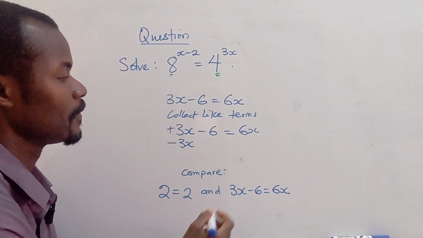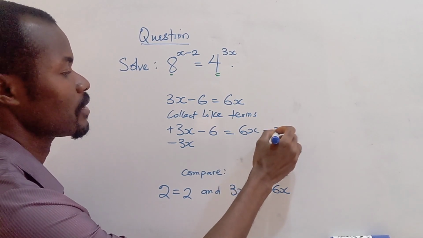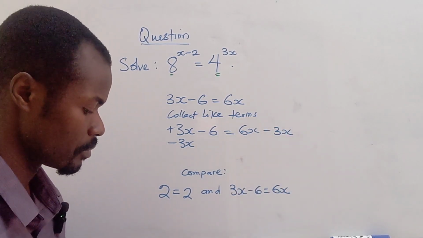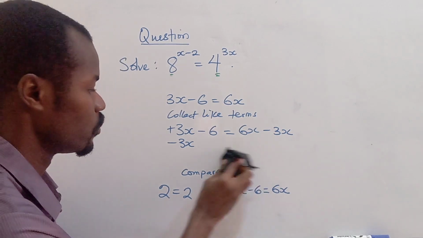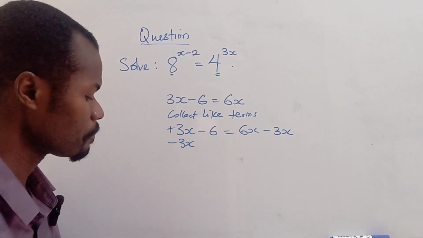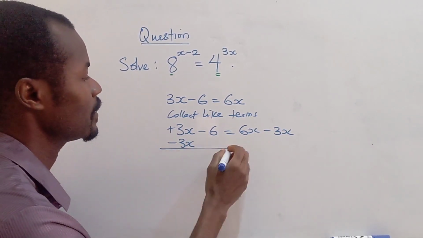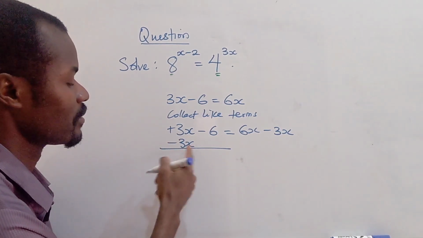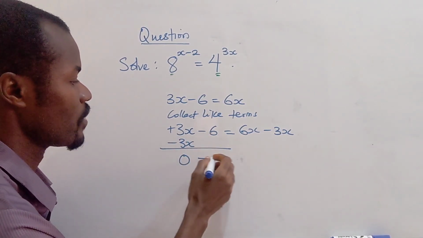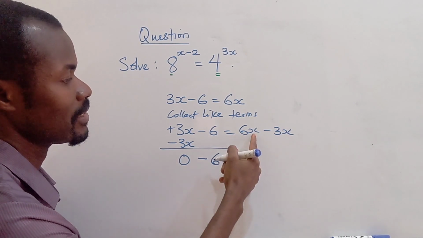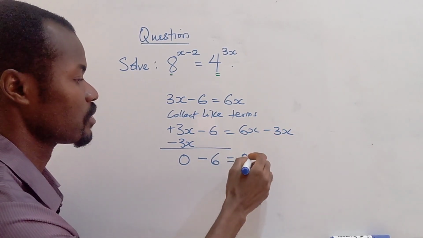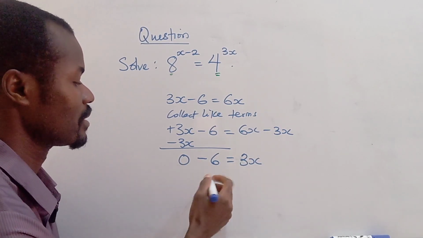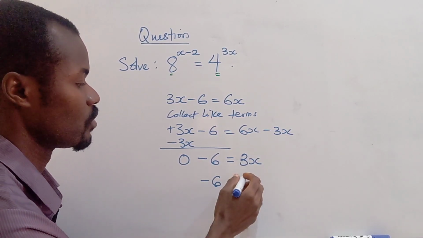Remember there's a plus 3x here, so we're also going to subtract 3x here. In math, whatever you do to the left-hand side, you also have to do to the right-hand side. So plus 3x minus 3x is 0, so we have 0 minus 6. And 6x minus 3x will give us 3x. 0 minus 6 gives minus 6, which is equal to 3x.